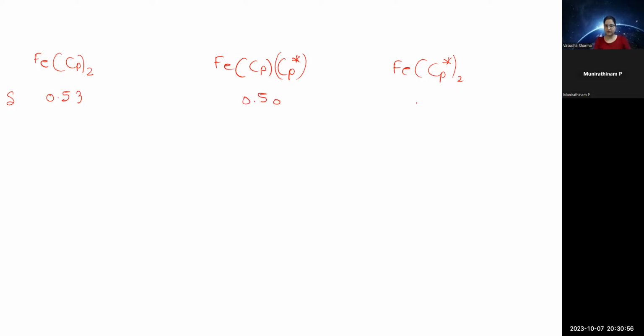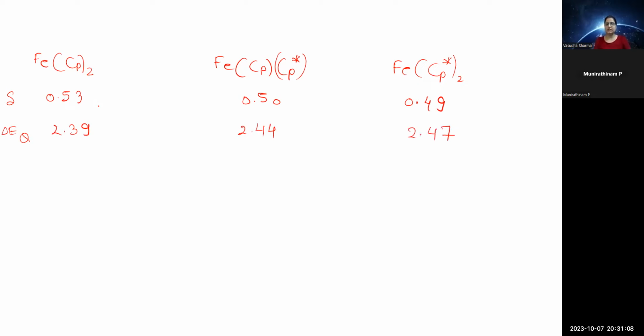Okay, so actually we have a trend. We need to understand if we have iron CP2, iron CP CP star, and iron CP star twice. The Mossbauer spectra observation says the delta value is 0.53, this is also around 0.50, this is 0.49, and the delta EQ value is 2.39, this is 2.44, and this is 2.47.